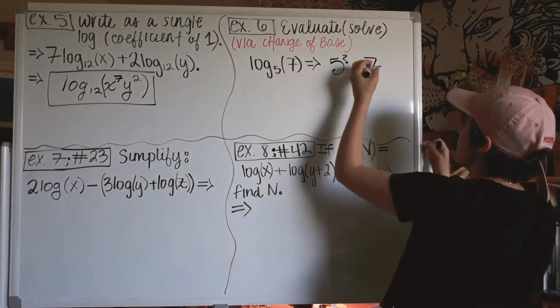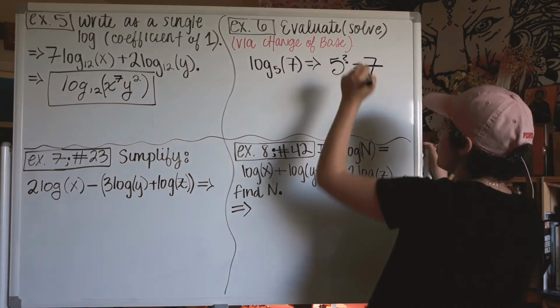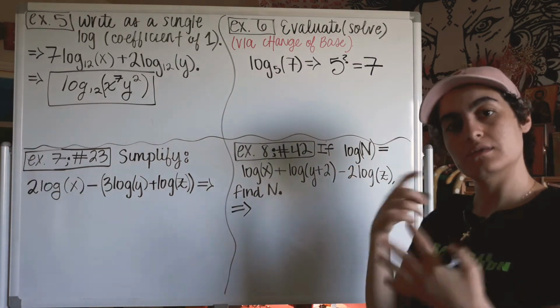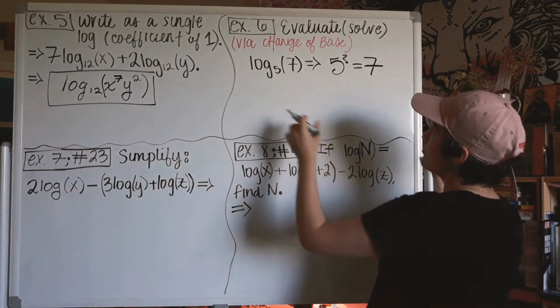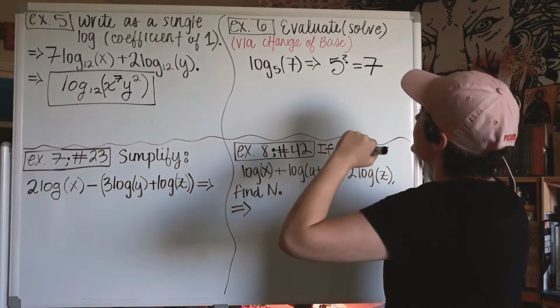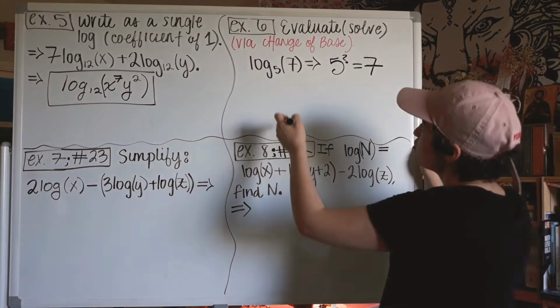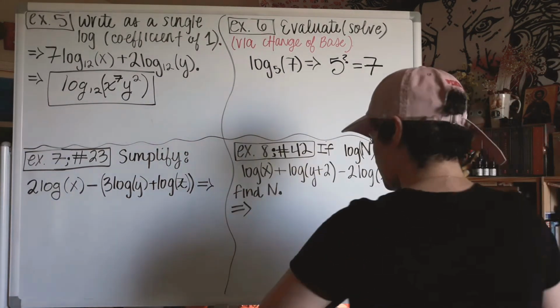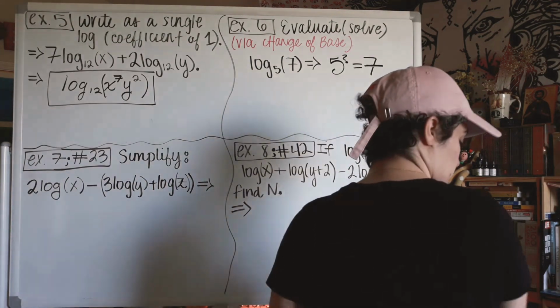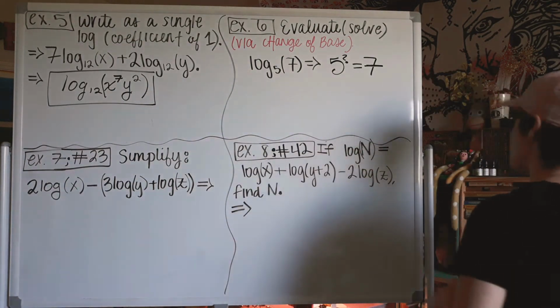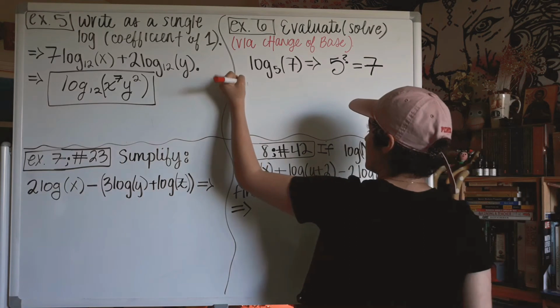Okay? So this is where change of base comes into play. It's actually also how you give it to the calculator. So what you do, let me rewrite it. So this is law 6.